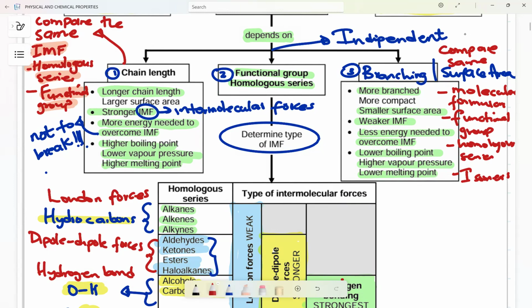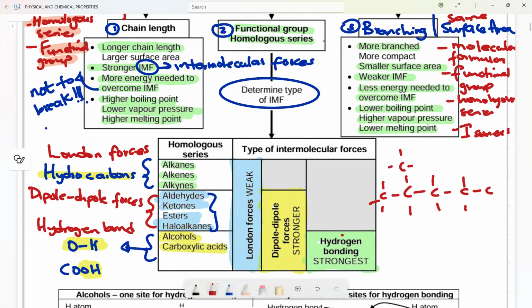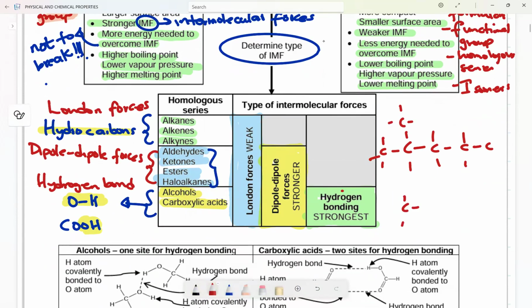Why? Because what if I have this, and I have a branch like that, and the other molecule has still the same carbons, but instead it has a carbon on position number 3. Can you see these are isomers? This one, the branch is on position number 2.